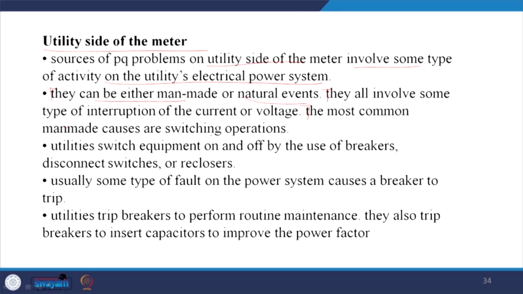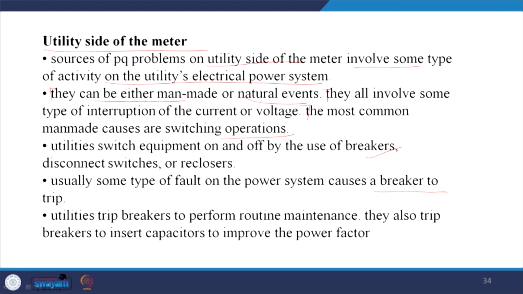The most common man-made causes are switching operations. Utilities switch equipment on and off by use of circuit breakers, disconnect switches or reclosers. Usually some type of fault on the power system causes a breaker to trip.